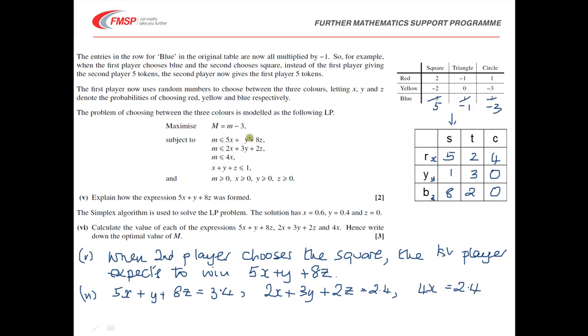Now m has got to be less than or equal to all of these. So m therefore is going to have to be less than or equal to 2.4. So just bear in mind, as I say, that m has got to be less than or equal to all of these.